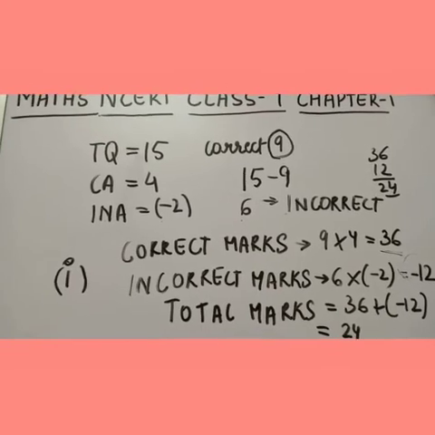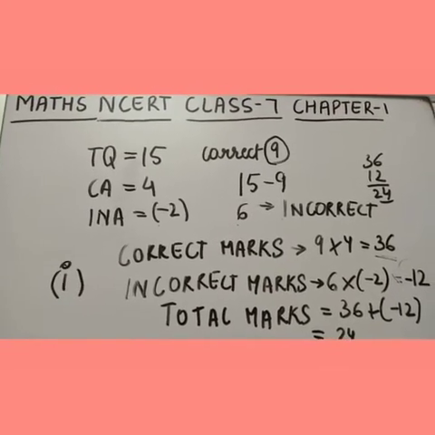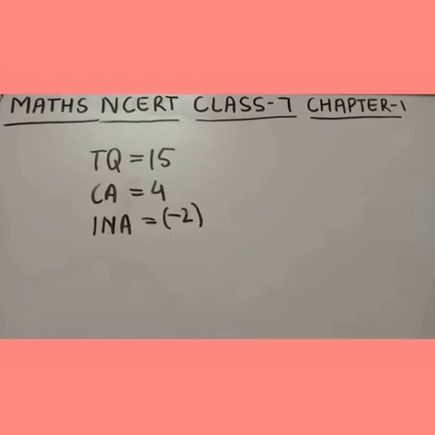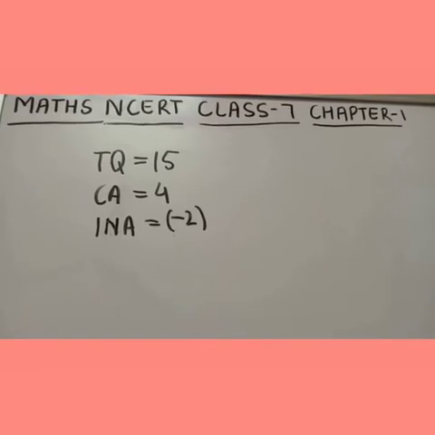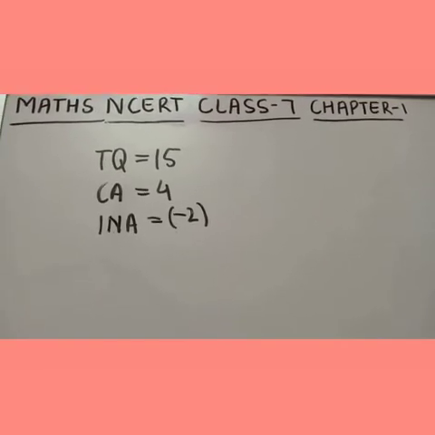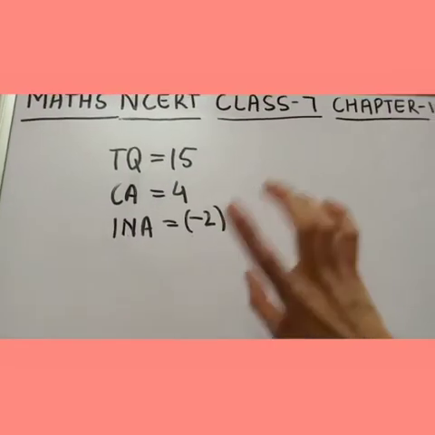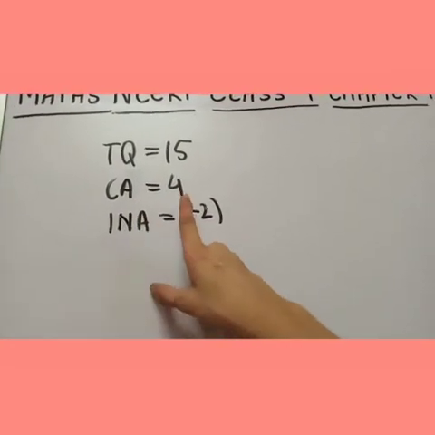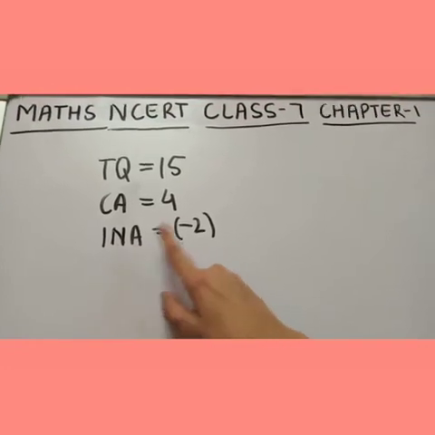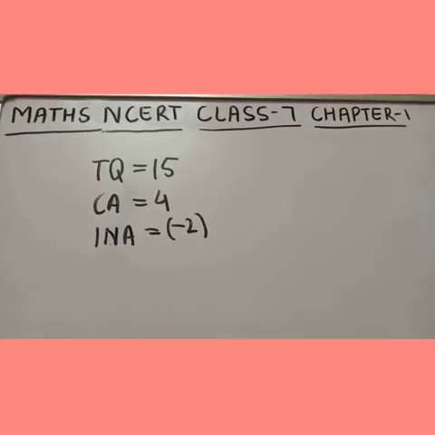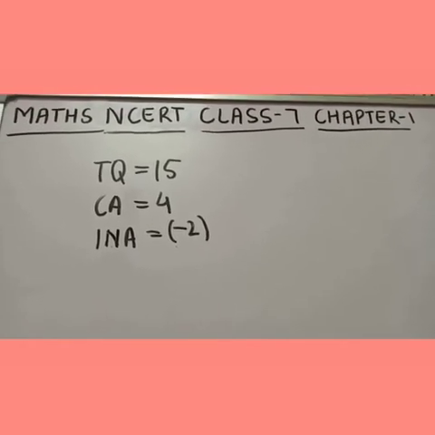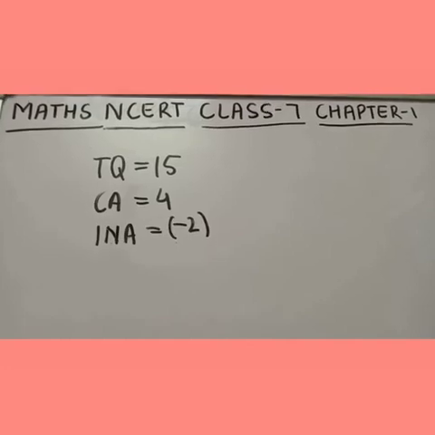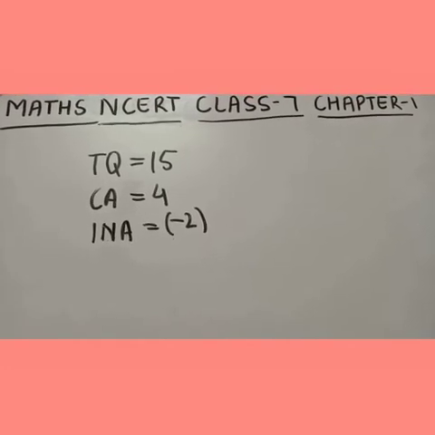Now let's come on to the second part of example number 4. The second part says that one of Gurpreet's friends gets only 5 of her answers correct. What will be her score? Now we know total questions 15, marks given for every correct answer 4, marks given for every incorrect answer minus 2. Just as we solved the previous part, in the same way we have to solve the second part.